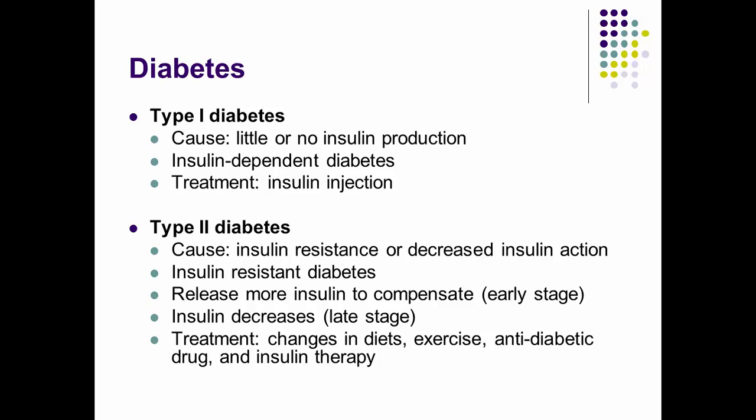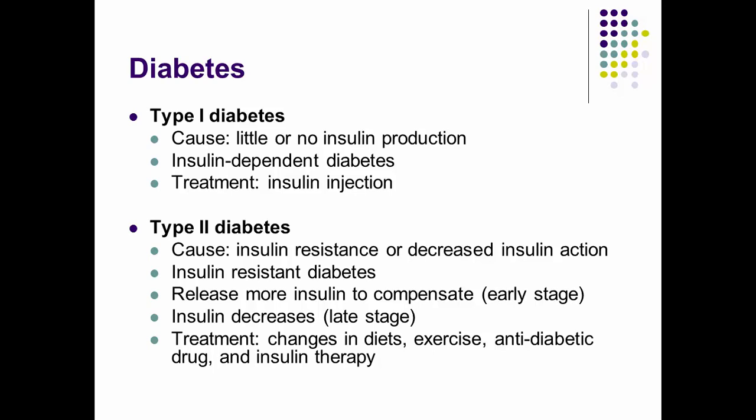That means they have some problem with the beta cells of the pancreas, and type 1 diabetic patients are not able to secrete insulin, right? So they basically lack insulin. So it's also called insulin-dependent diabetes. And treatment for type 1 diabetes is simple, just insulin injection supplement.